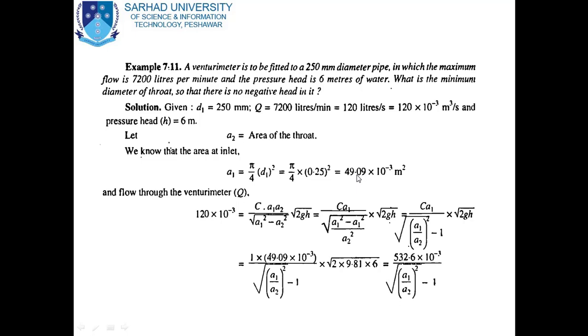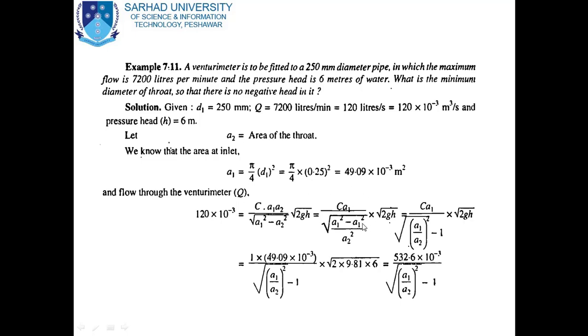And flow through the venturimeter, that is discharge Q, is equal to C A1 A2 divided by under the root A1 square minus A2 square, into under the root 2GH. Discharge is 120 into 10 to the power minus 3 cubic meter per second. C is 1. A1 is already found, put that value.